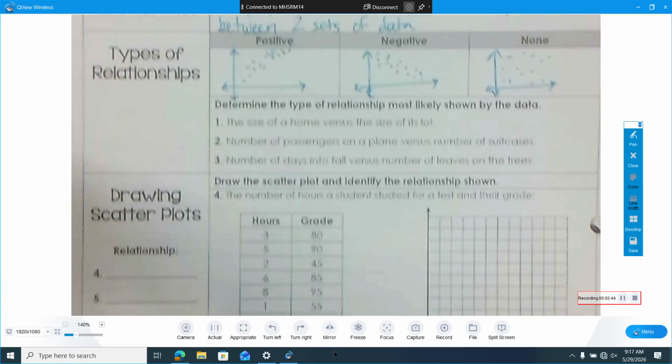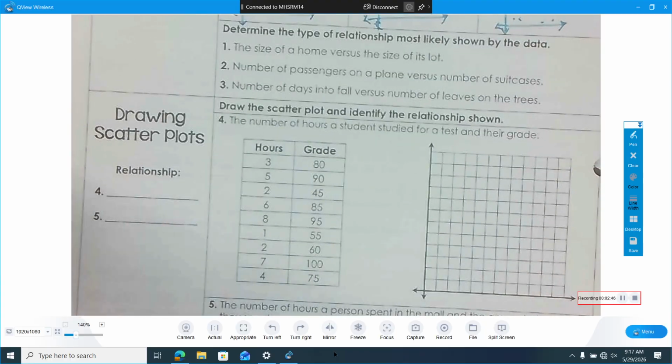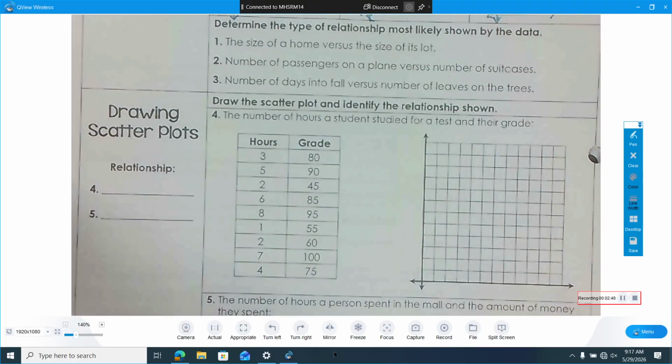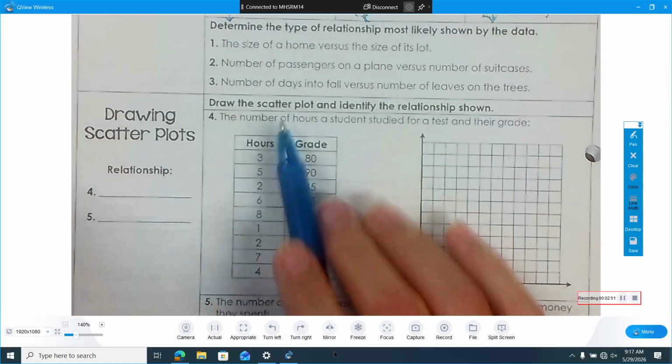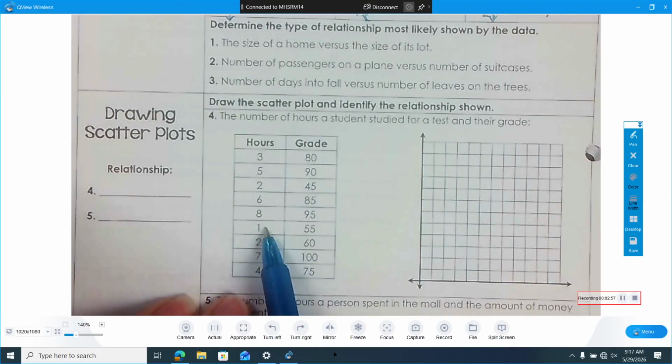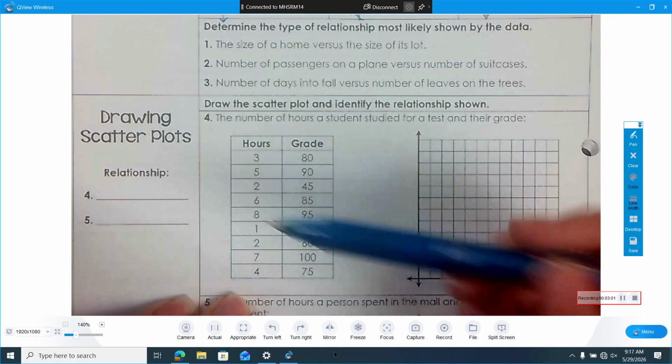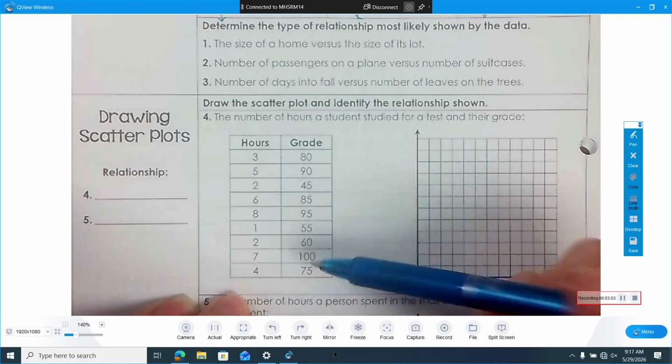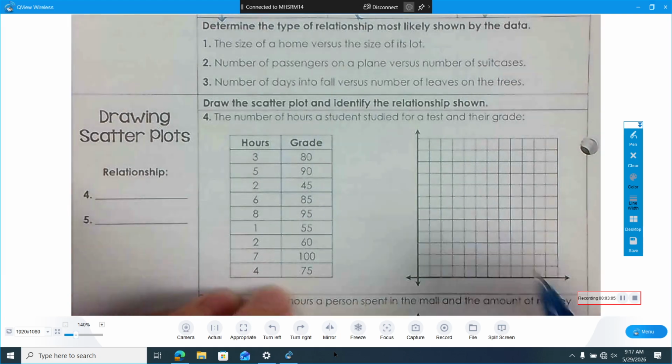Let's look down here at drawing some scatter plots. Number 4. We want to draw the scatter plot and identify the relationship. When you look at the information we have here on number 4, they're giving us hours and the grade.